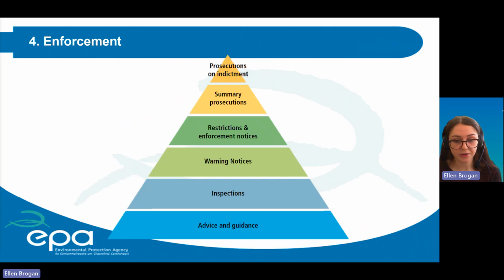An inspector can also serve an enforcement notice, which requires specific corrective actions to be taken, or an inspector can pursue prosecutions. In exceptional circumstances, the EPA may revoke a license or registration.